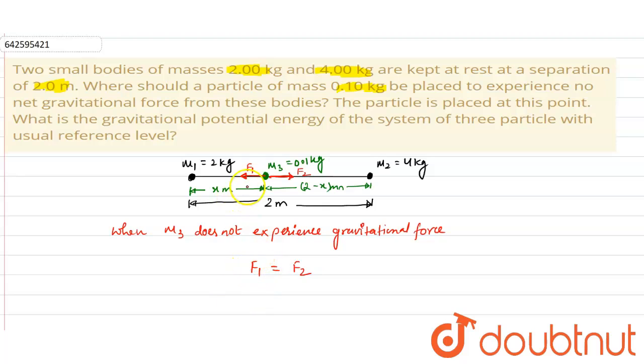F1 is the gravitational pull on M3 due to the mass M1. So it will be given as G M1 M3 upon x square, which will be equal to F2, that is G M3 M2 upon 2 minus x whole square.